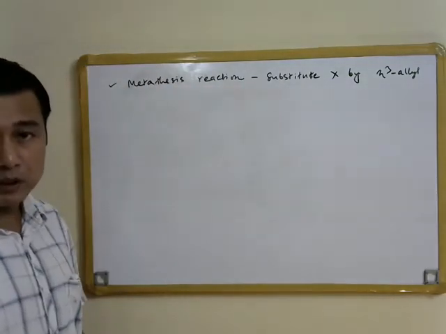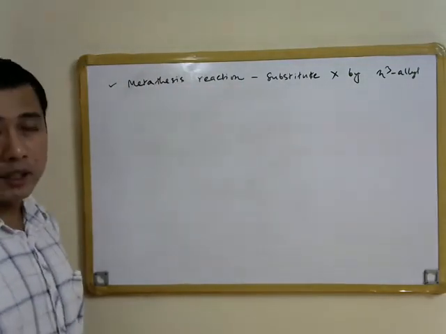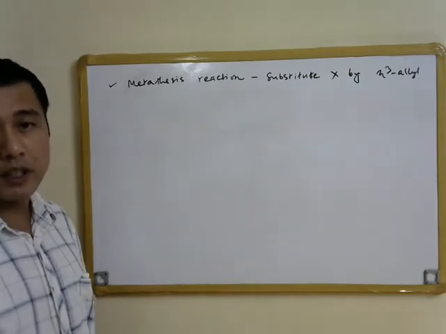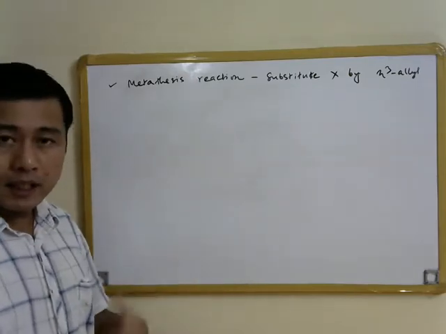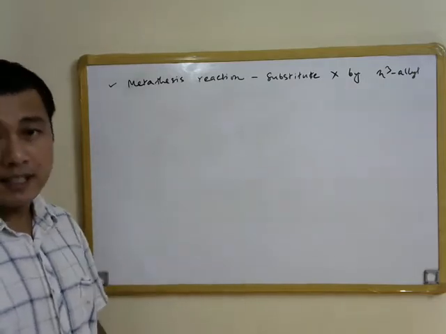This is the simplest way to prepare a metal allyl complex. You can take a metal complex with a labile ligand and then substitute these ligands by using allyl.